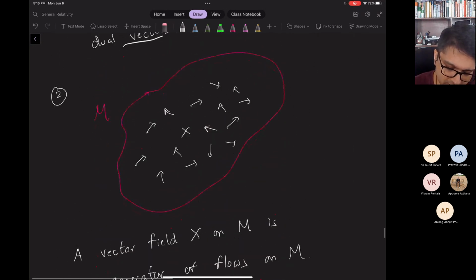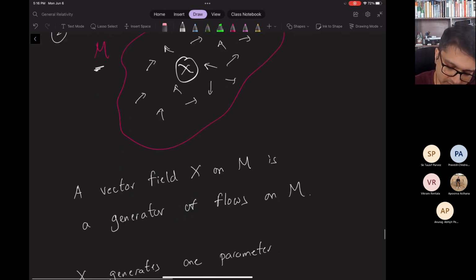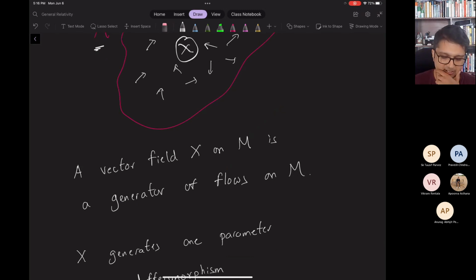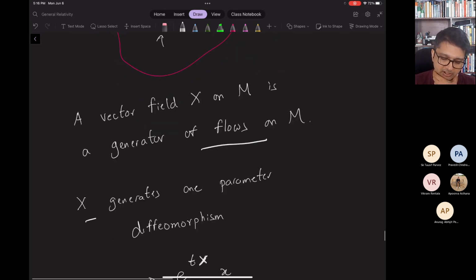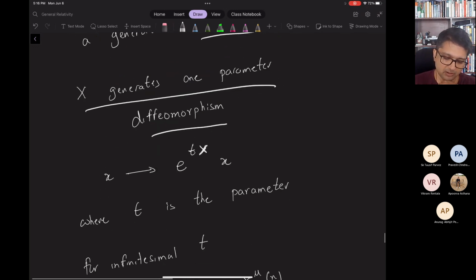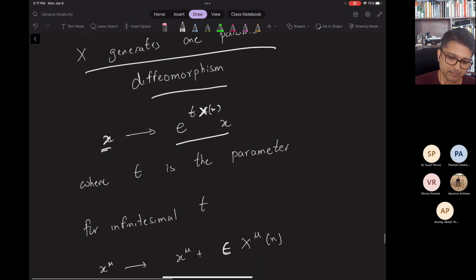Then in the last class, what we did was to say if you have a manifold M with some vector field X on this manifold, then this vector field X can be thought of as generating flows on M. X generates one parameter diffeomorphisms, where a point with coordinates x gets mapped to coordinates e raised to t X acting on x, where this X is the vector field X. So X is called the generator of diffeomorphisms, and t is the parameter by which you flow.